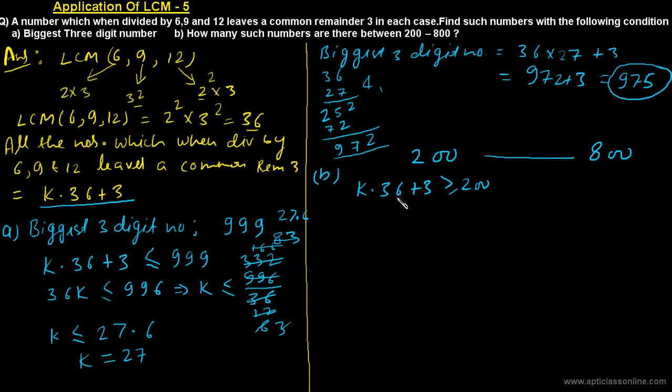So 36 3s are 108. We can try 36 into 5, that is equal to 180. So this value will become 183, and 36 into 6 will become 216. So that is 180, that is 216.